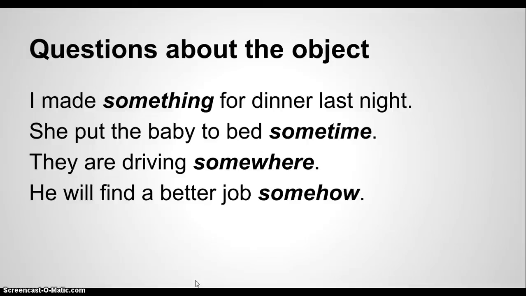Now, in this case, put is in the past, right? This is irregular. That's why I don't have an S on the verb, even though it's third person singular. This is simple past. Okay, next sentence. They are driving somewhere, and he will find a better job somehow.